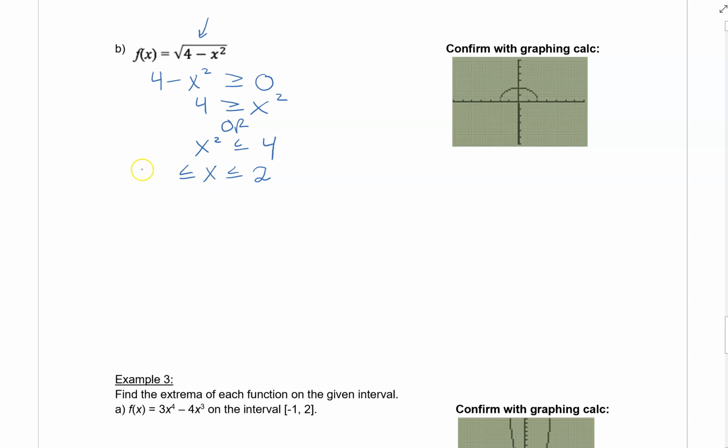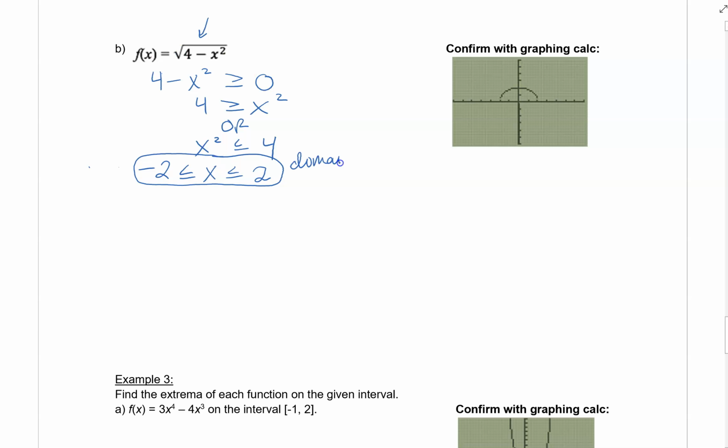But the less obvious part, which is also important, is that x has to stay greater than or equal to -2. Because if x were, say, -3 or -4, something less than -2, and I squared it, those squares would become positive, and then I'd be doing 4 minus a value greater than 4, which would no longer be positive. So this is the domain for the function here in part B.